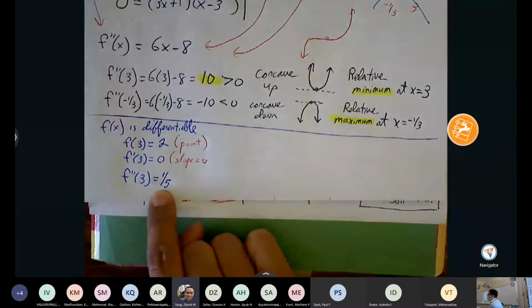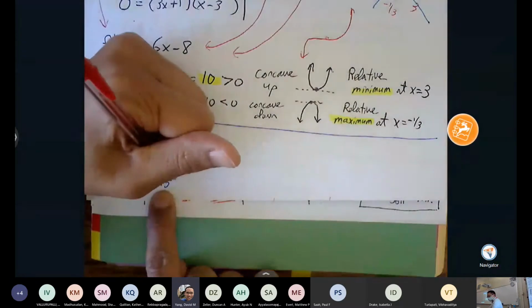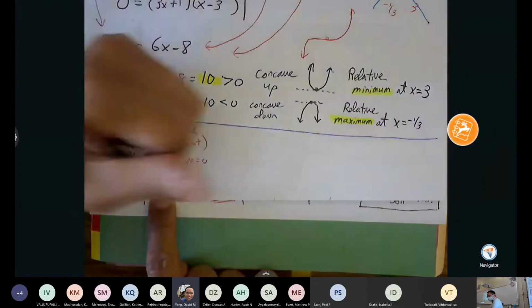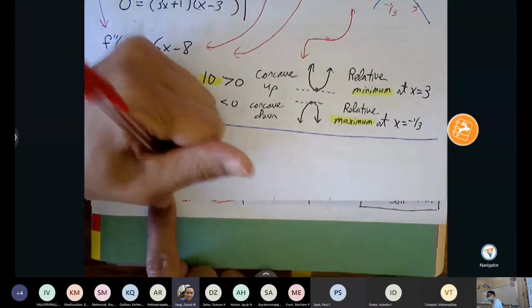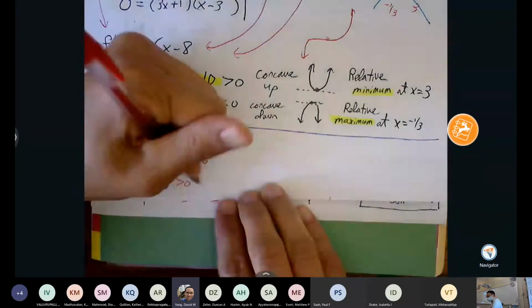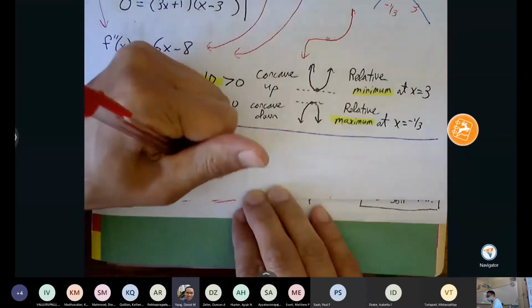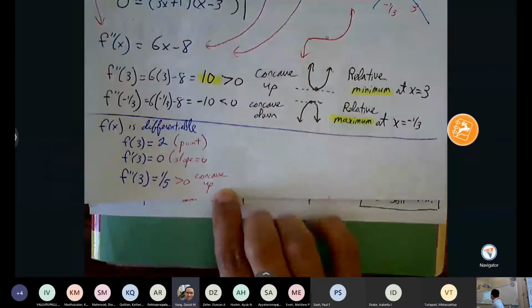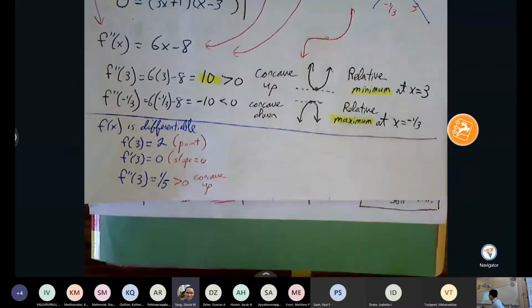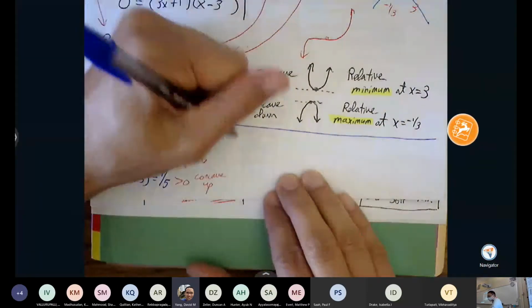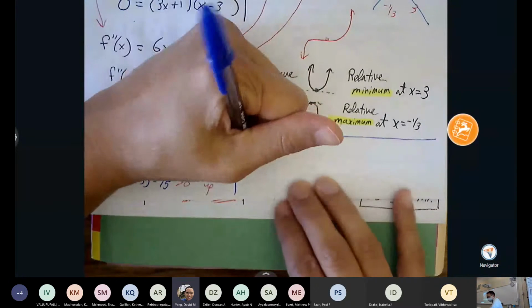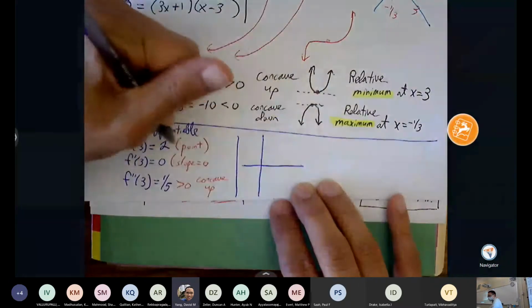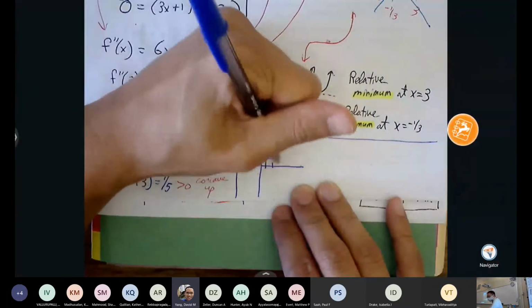Okay, what does that 1/5 tell us? Wait, 1/5 is positive, right? So positive is concave up. Okay, so we know slope 0, we know concave up. Let's draw a picture of this graph to help us make the correct conclusion here. So ordered pair 3, 2.